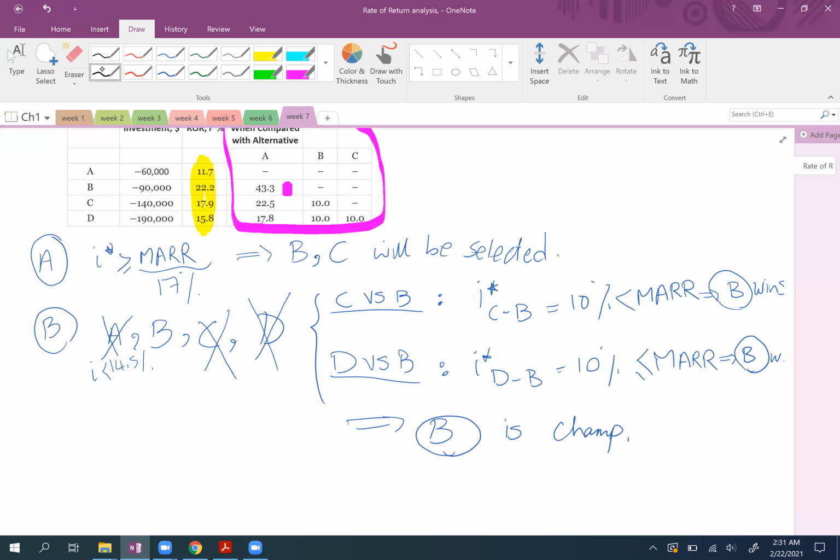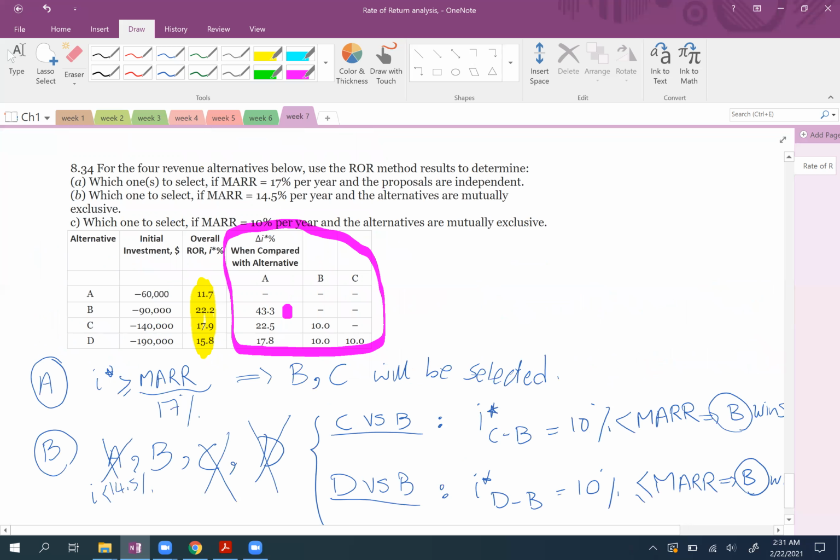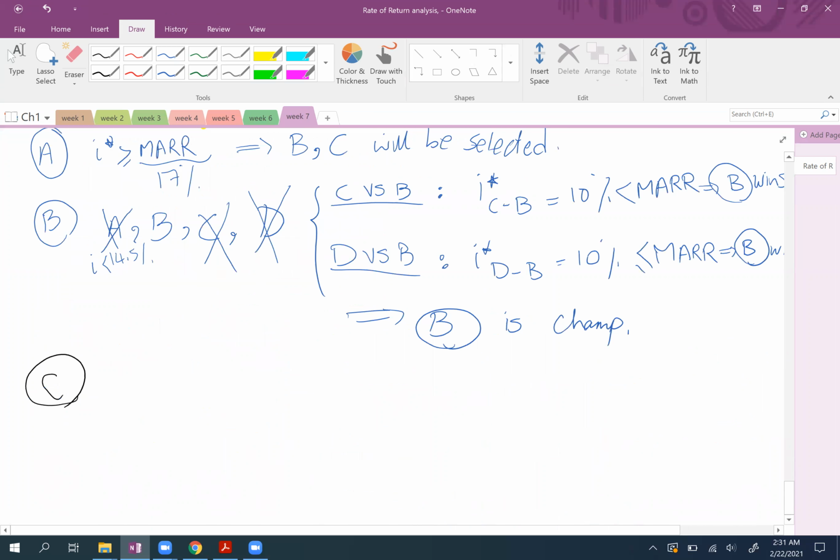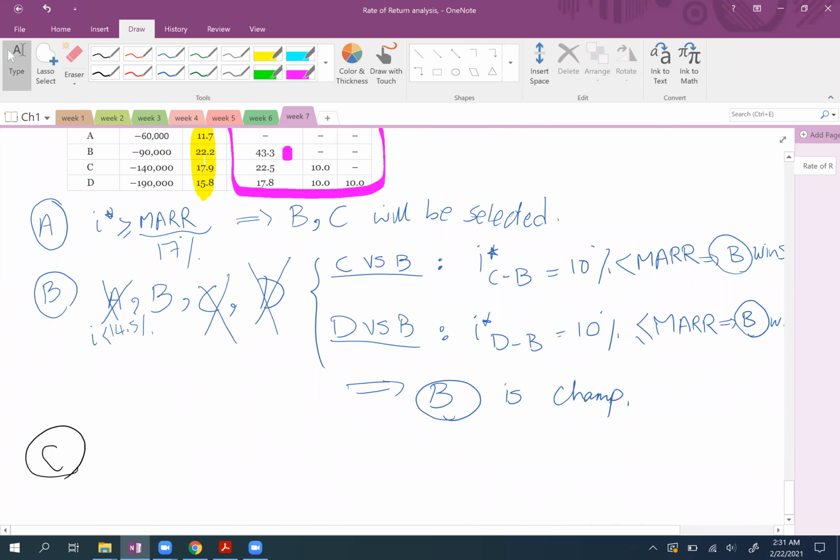Then we can move to part C. Part C says, which one to select if MAR is 10% and the projects are mutually exclusive. Again, I have to sort the alternatives in increasing order of their initial cost, A, B, C, D, and start doing the comparison.